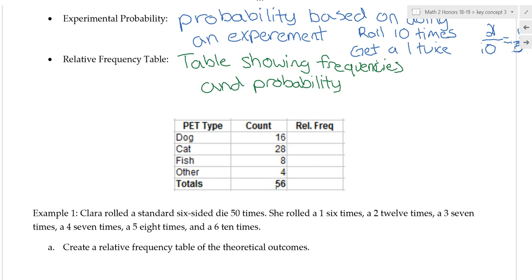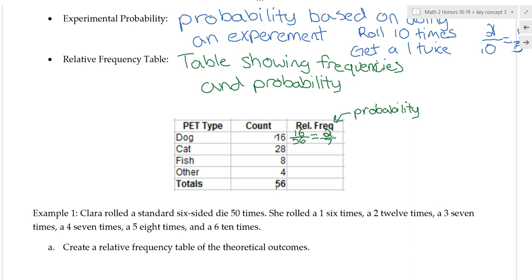There's a total of 56 people. So my frequency is 16, my relative frequency is just my probability. So that's 16 out of 56, which reduces to 2 out of 7. Those are both divisible by 8.